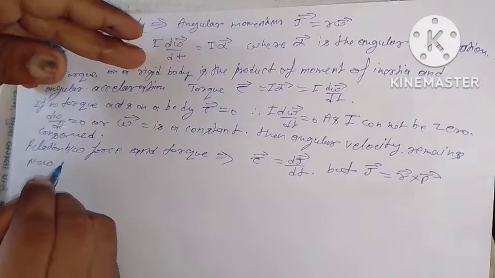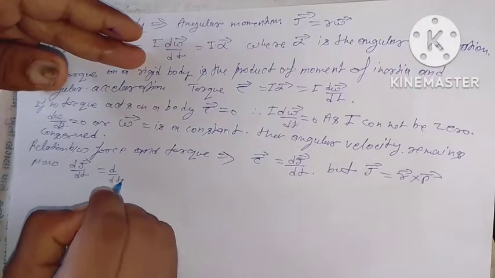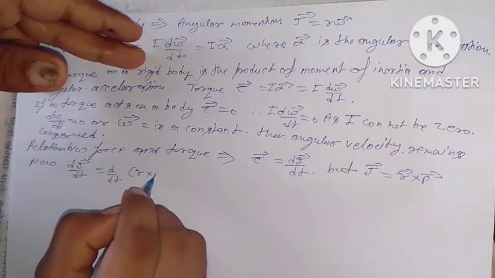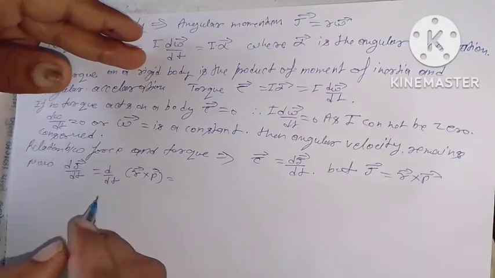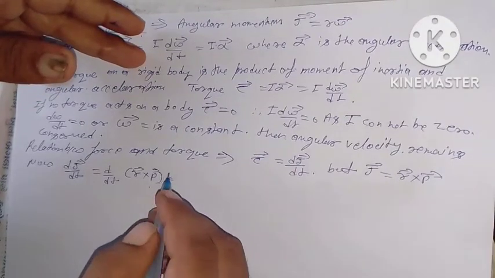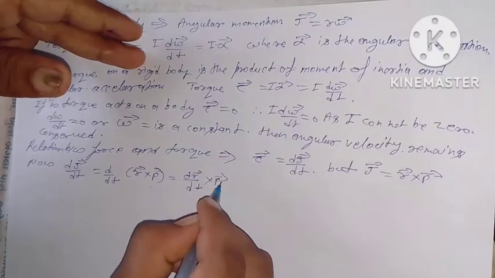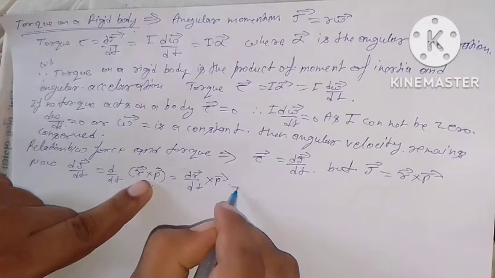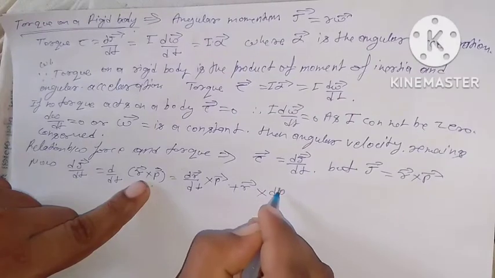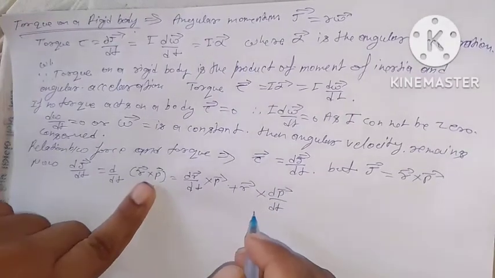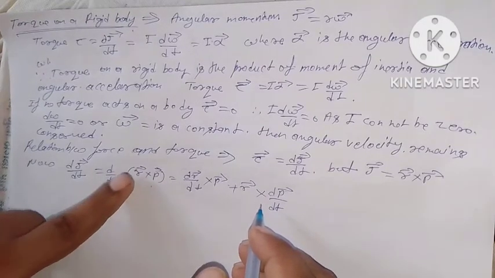Now d vector J upon dt equal to d upon dt of (r cross p). If we differentiate this, the value is d vector r upon dt cross vector p plus vector r cross vector dp upon dt.